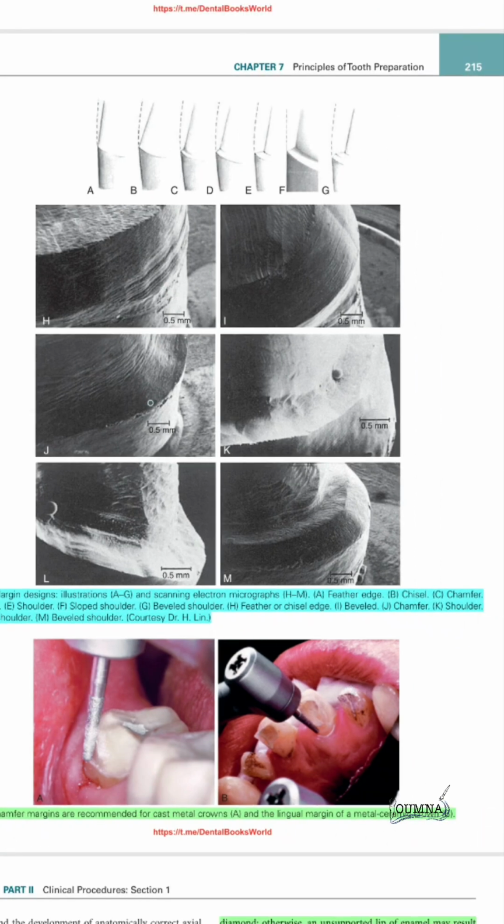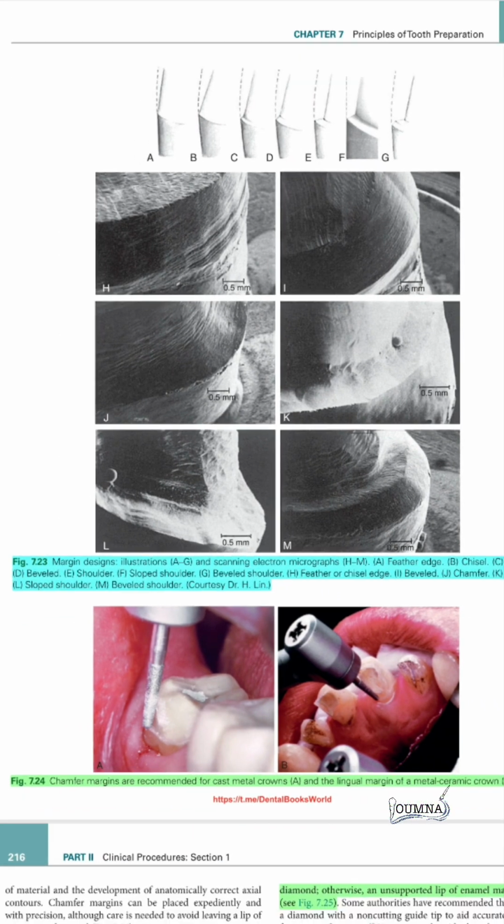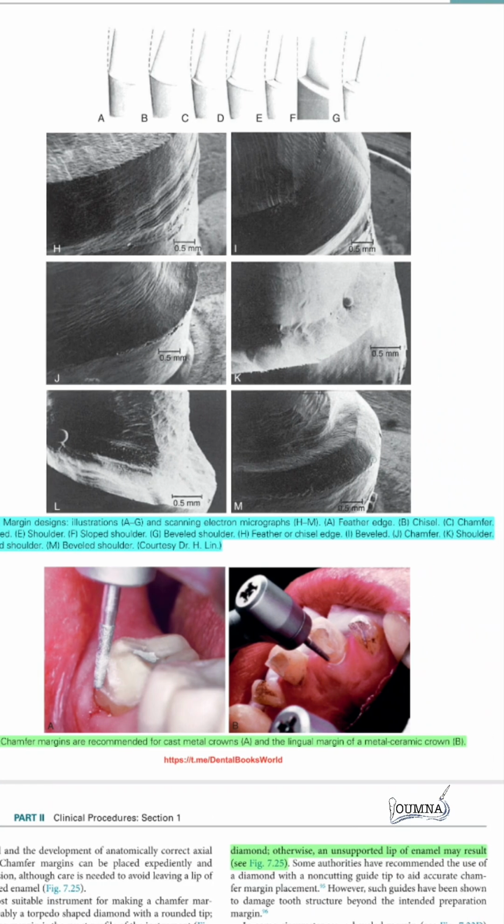This is the chamfer, where we have a round angle, but the shoulder has more of a 90 degrees or right angle between the tooth and the margin. This is the sloped shoulder, and this is the beveled shoulder. This is here in this region.